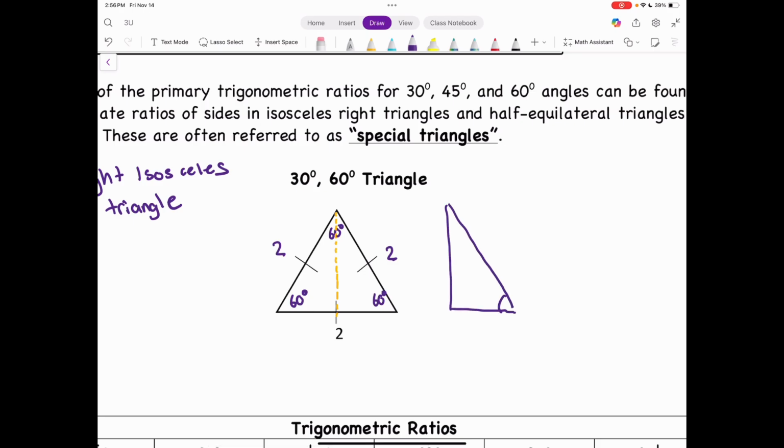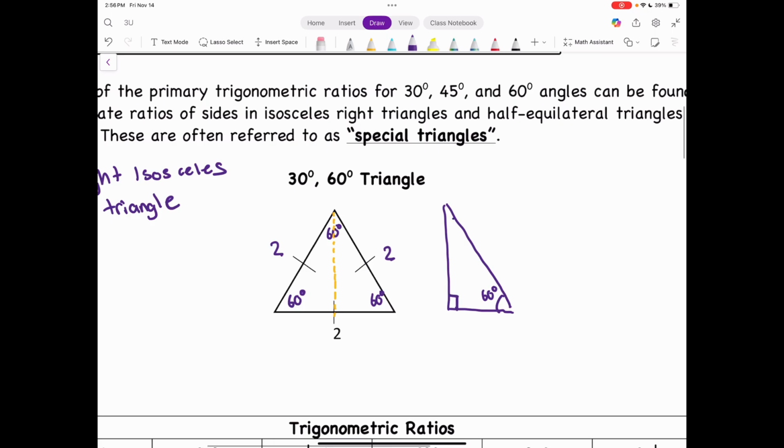So this angle remains 60 degrees, but this angle becomes 90 degrees, and the angle up top will be 60 degrees divided by 2, which of course is 30 degrees. Now, this side length remains as 2, but the side length on the bottom will be this side length divided by 2. So 2 divided by 2, which of course is 1.